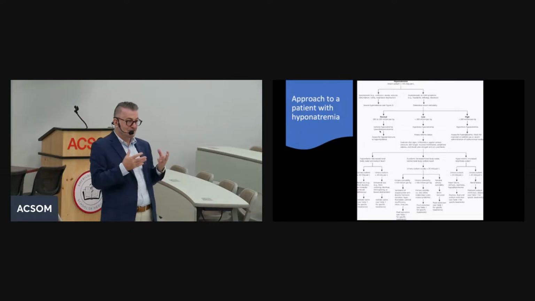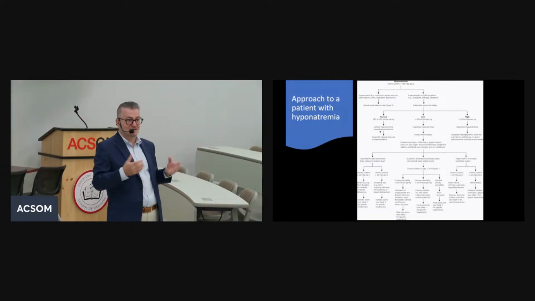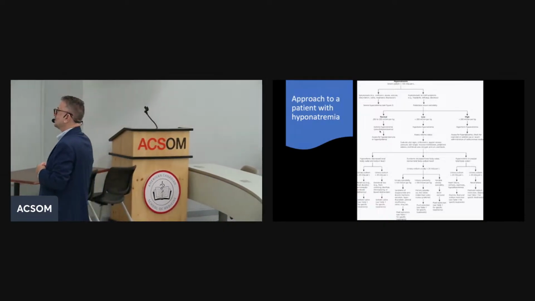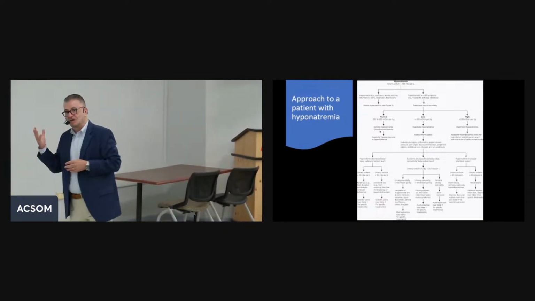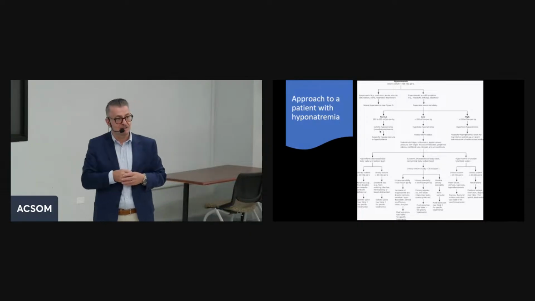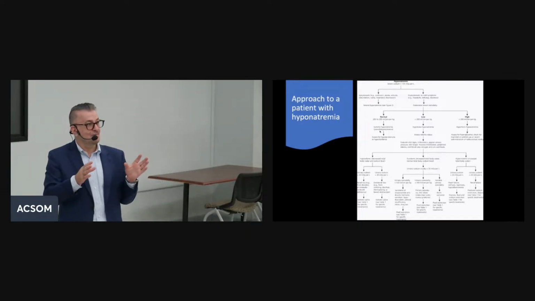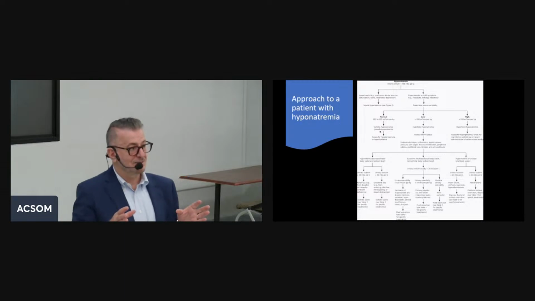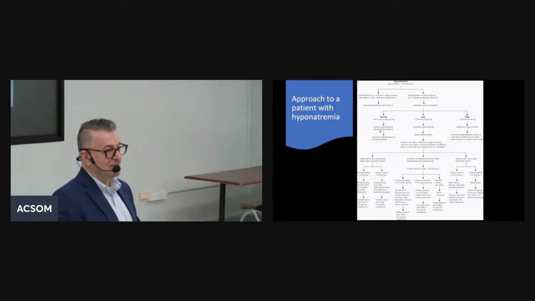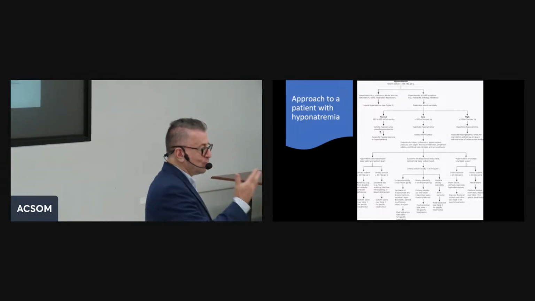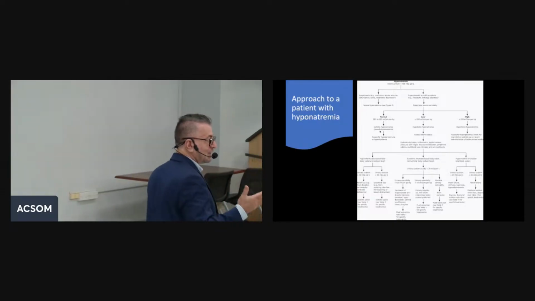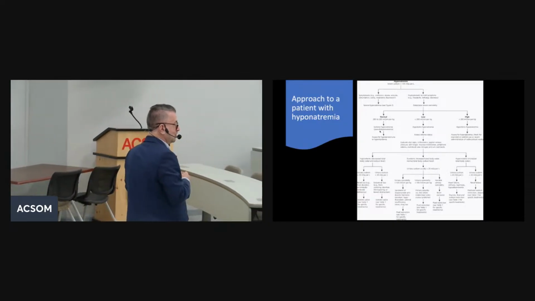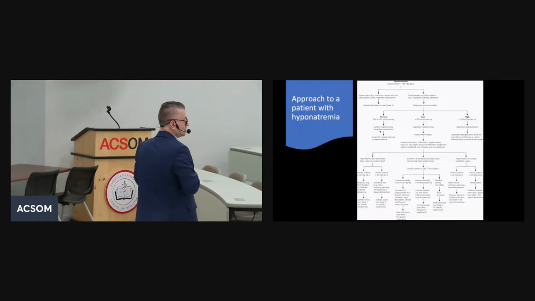It should be down, but it still is very active. So what causes that? Well, definitely there are some stimuli that your ADH is responding to. It's not volume, it's not osmolality, so there must be something else that makes this ADH work all the time. Osmolality is low, ADH should not be activated. Volume should be okay. These are euvolemic patients.